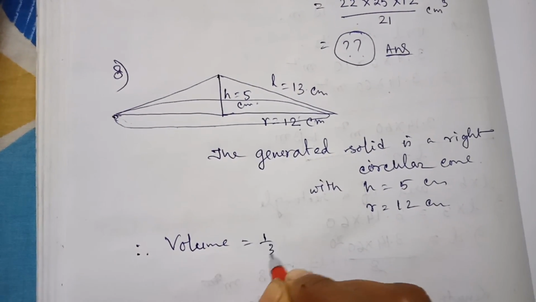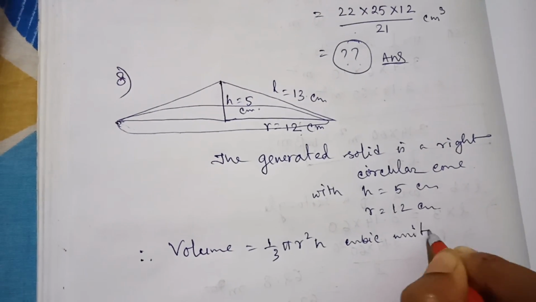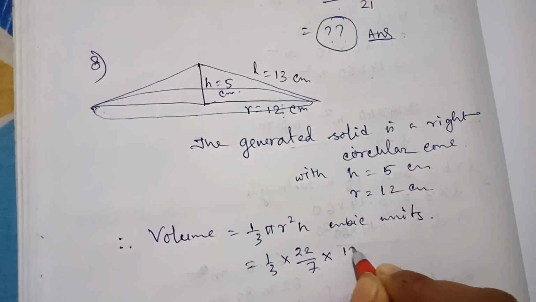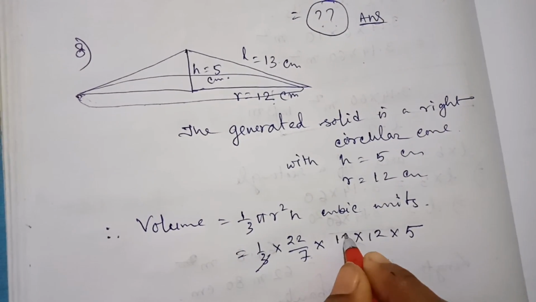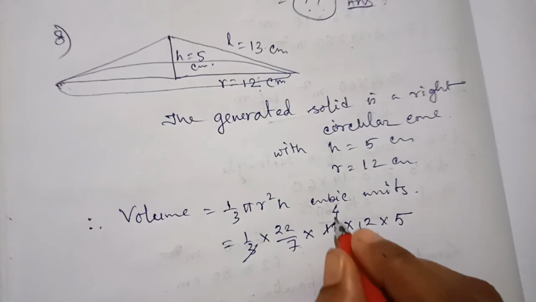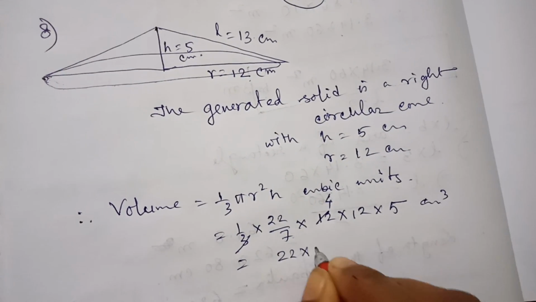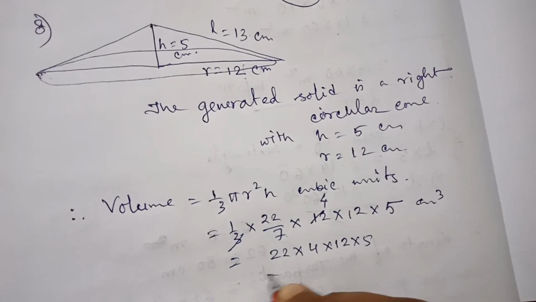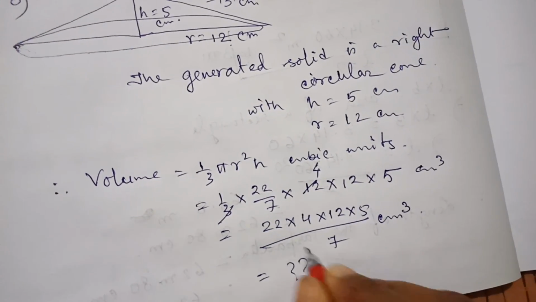Volume equals 1/3 pi r square h cubic units. So 1/3 into 22/7 into r square means 12 into 12 into h means 5. Only 3 will be 3 and 12 can be cancelled with 4. 3 4s are 12 centimeter cube. So we can get finally 22 into 4 into 12 into 5 divided by 7 centimeter cube. You need to find out its answer.